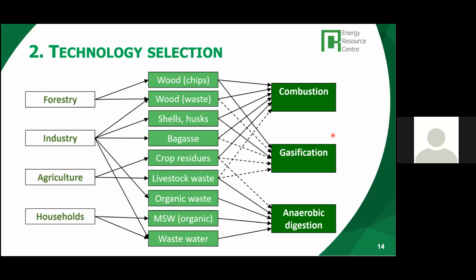What is important is that you actually start looking also for specific experiences with different types of feedstock, looking at literature, looking at different sources you can find on the internet, for example, and start really thinking in a certain direction.